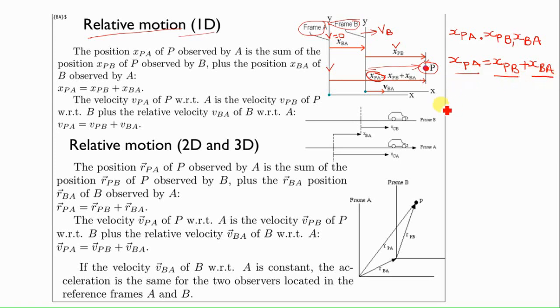When we differentiate these terms, we find x dot PA is equal to x dot PB plus x dot BA. The differentiation can be done only if there is no change of time in both frames of reference.